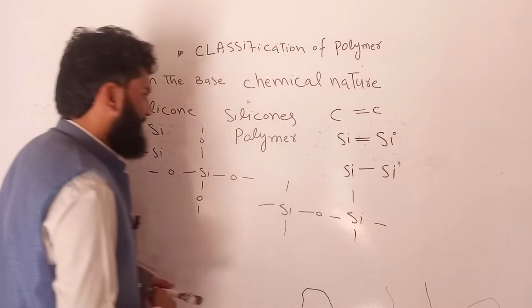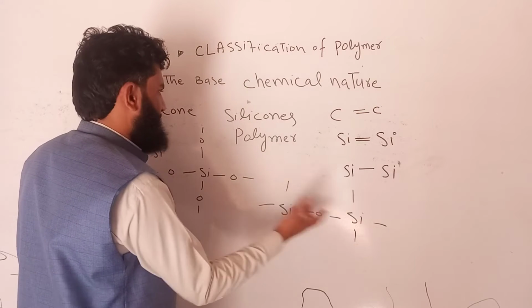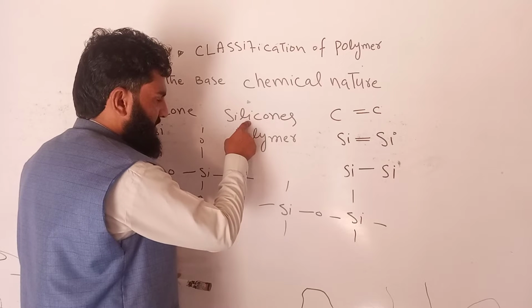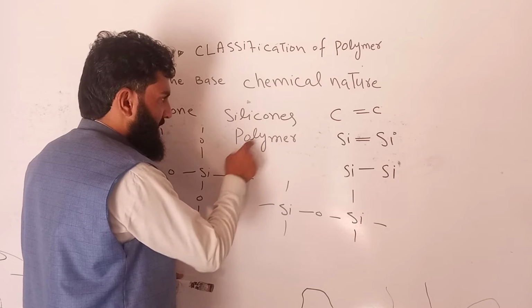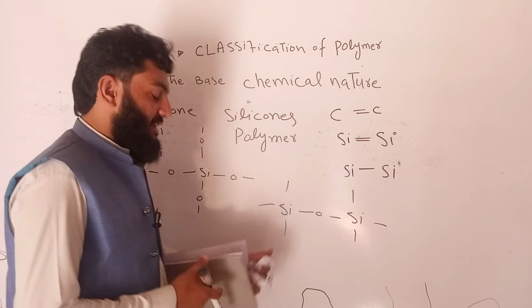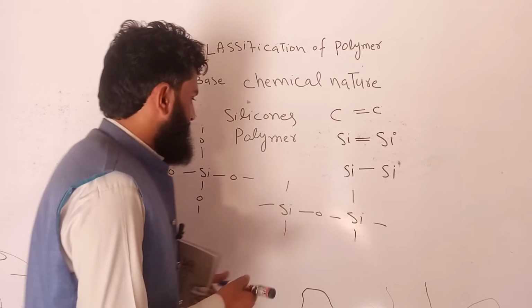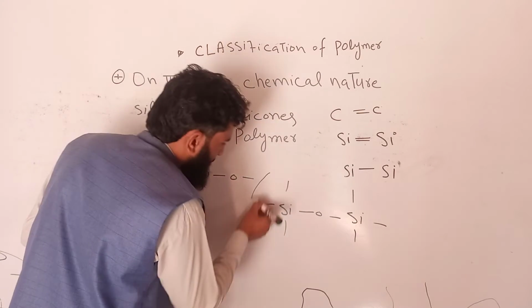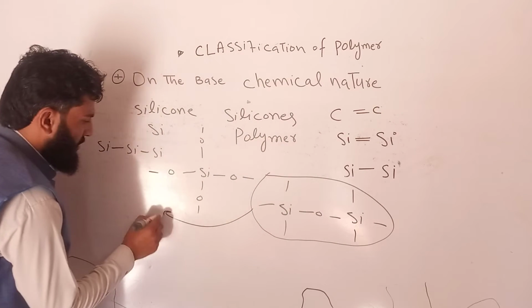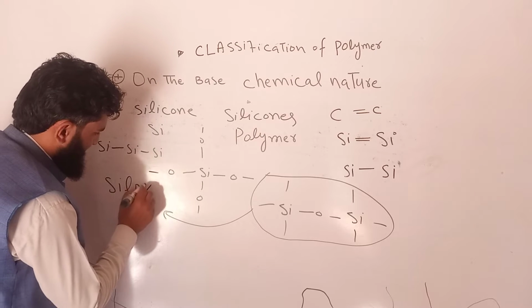And such compounds, for example silicones, are polymers, and such polymers are known as siloxanes. Such polymers where such units are repeated are known as siloxane.